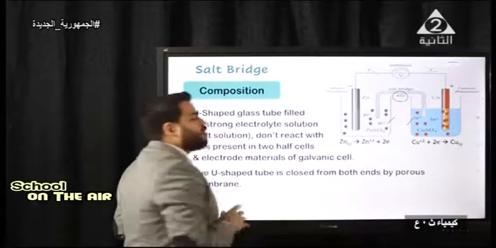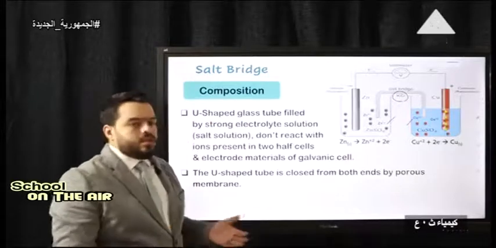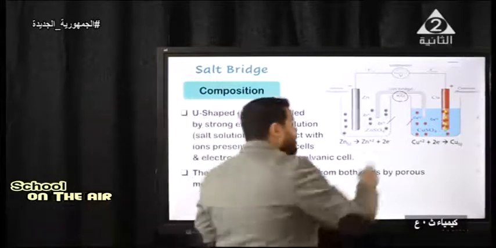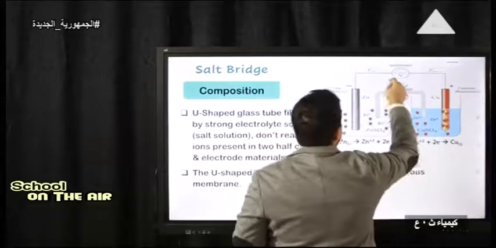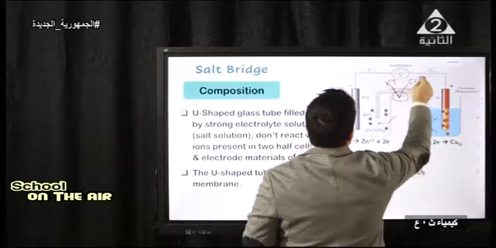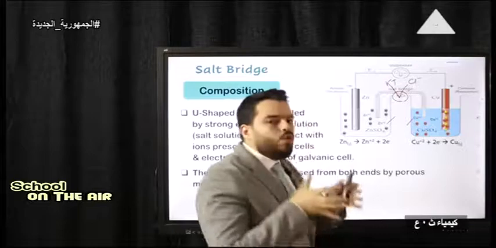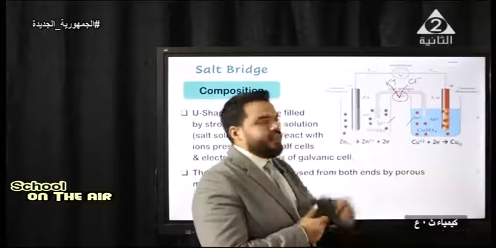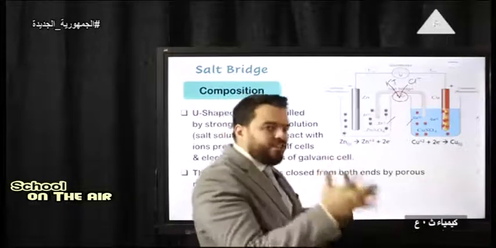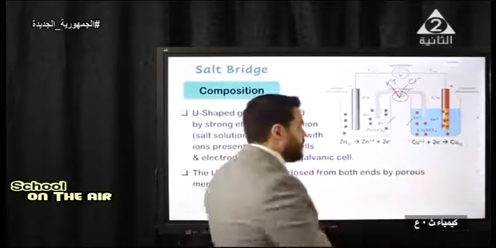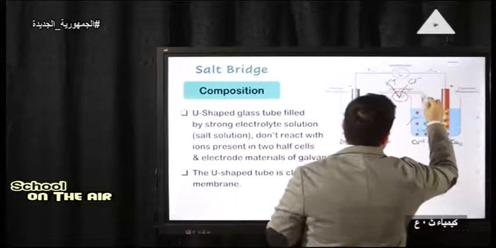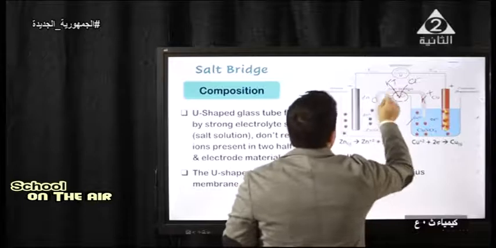Why a strong electrolyte? Why not a weak electrolyte? Because a strong electrolyte always ionizes into positive and negative ions. And we need the salt that is in the salt bridge to be completely ionized into positive and negative ions. The positive ion will be here and the negative ion will be here.